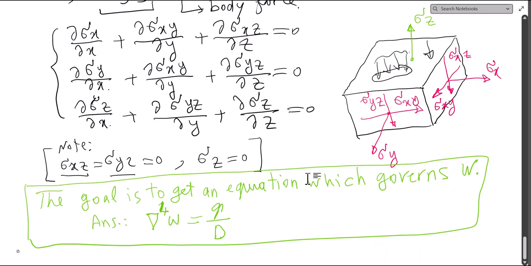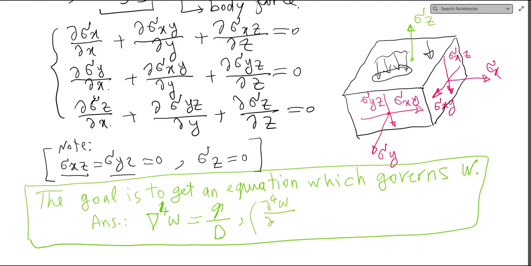So the biharmonic equation, if I write it again here, is d4w/dx4 plus 2 d4w/dx2dy2 plus d4w/dy4 is equal to q over D. And q is simply the load that we have, and D is a constant that I will define. So this is what we are getting to.